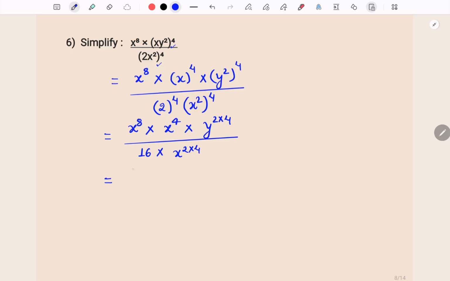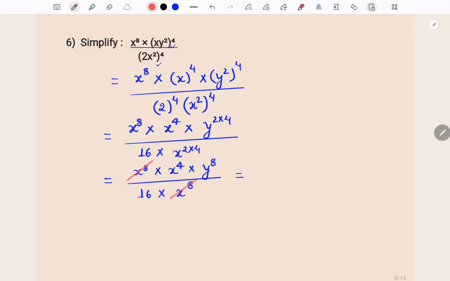In the next step, I will write x raised to the power 8 multiplied by x raised to the power 4 multiplied by y raised to the power 2 times 4, which is 8, over 16 multiplied by x raised to the power 2 times 4, which is 8. Now, look carefully. I can cancel out these two terms.